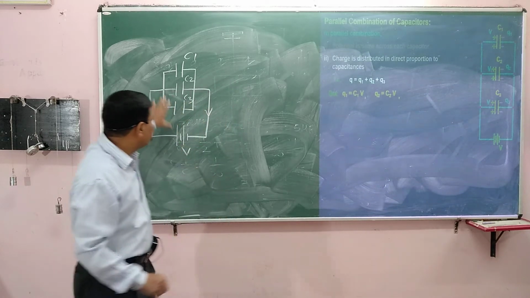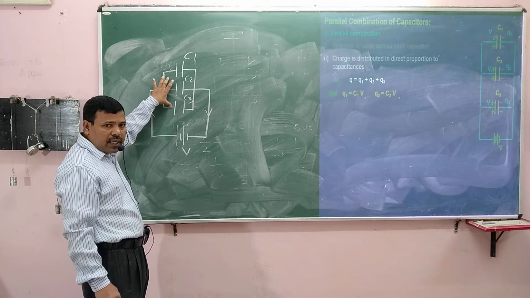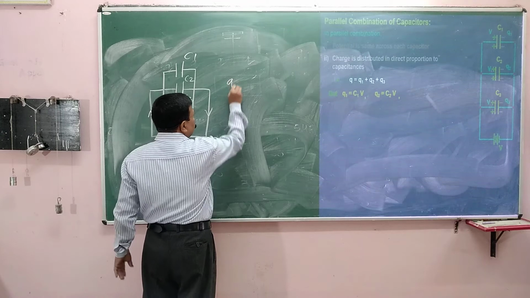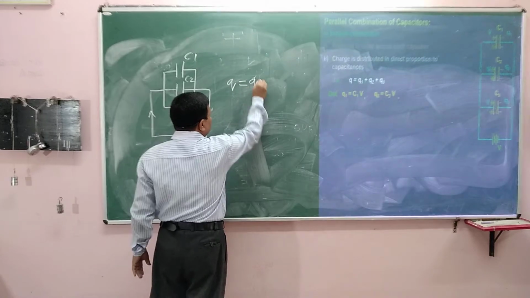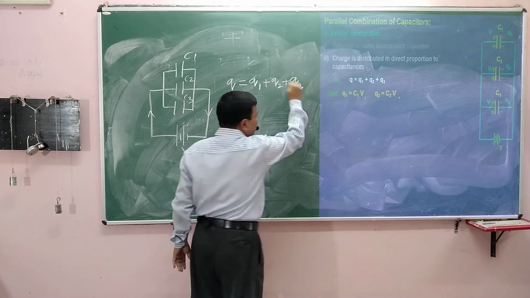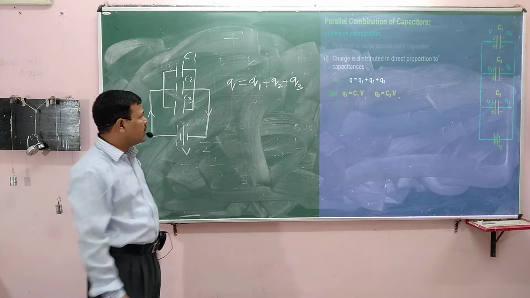So, the net charge acquired by the capacitor is Q is equal to Q1 plus Q2 plus Q3, the net charge.